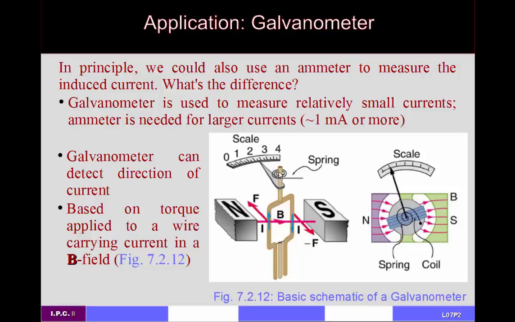In other words, until the torque from the spring and the torque from the magnetic field are equalized. And then there's a little dial attached to the actual meter, and the dial points at some number on a scale, and you read it off from the scale. And that's basically how you make a galvanometer.